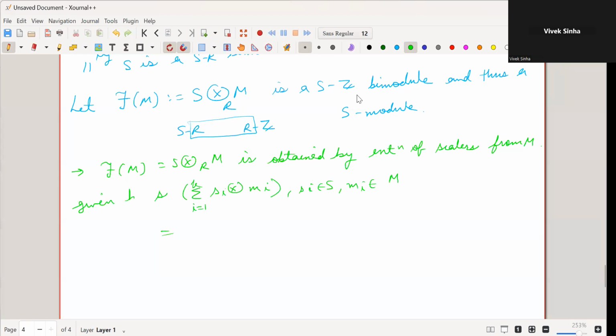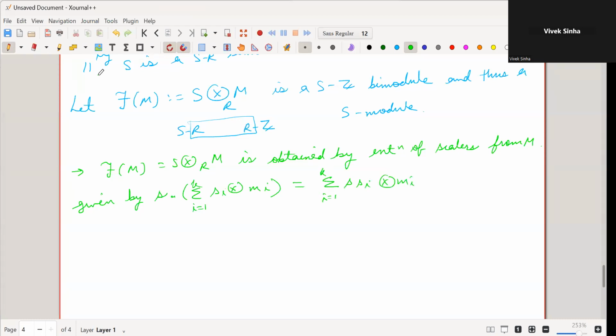given by? S dot this is equal to, you multiply s to the left side of this, that is s s_i tensor m_i.